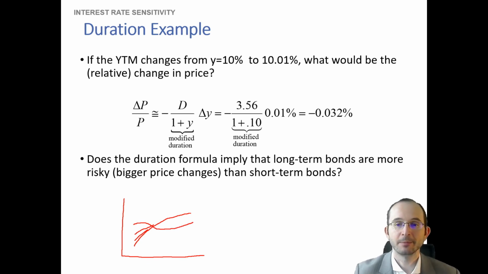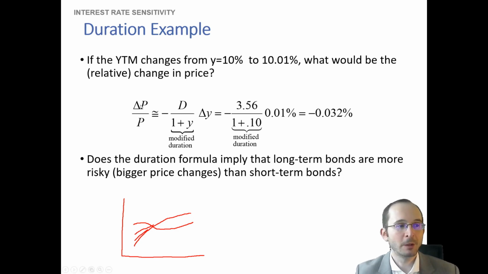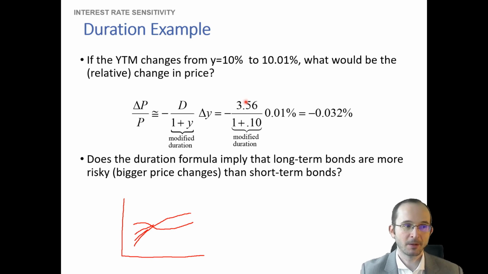So that means that you may actually have bigger yield changes, even for shorter duration bonds, that might produce a bigger price response, simply because there are two moving parts that determine the price change of the bond. The duration, which is greater for long maturity bonds, and the change in yield, which might actually be greater for short maturity bonds.